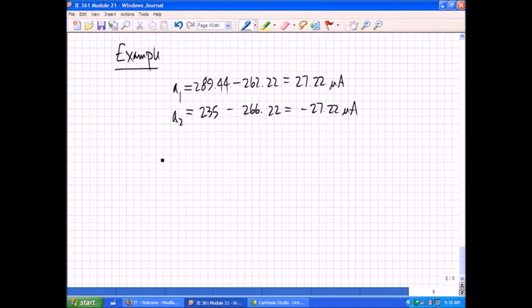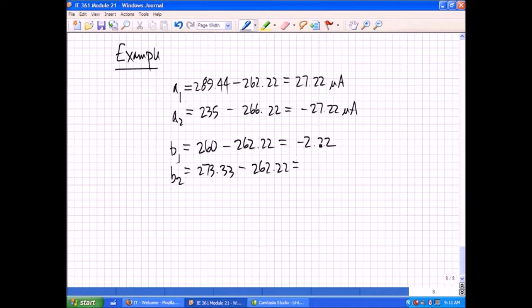If I compute the fitted effects for the 3 phosphors, the phosphor number 1 average is 260, and if I subtract from that 262.22, I'm going to get minus 2.22. If I take the second column average, that is 273.33, and subtract 262.22, I'm going to get 11.11.